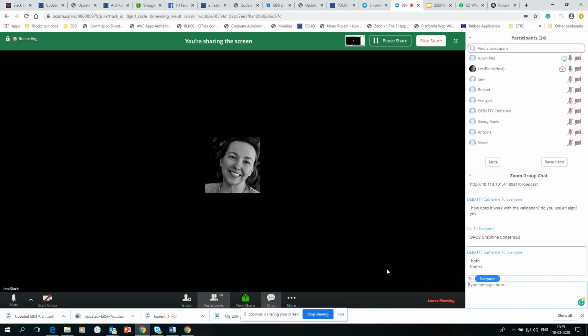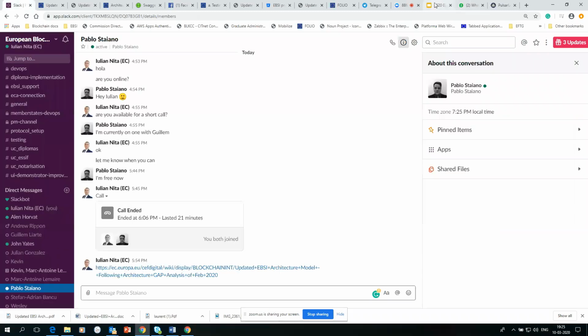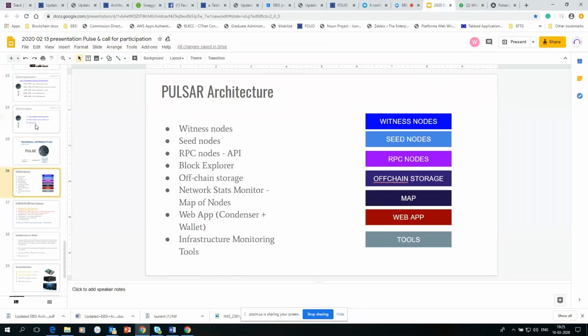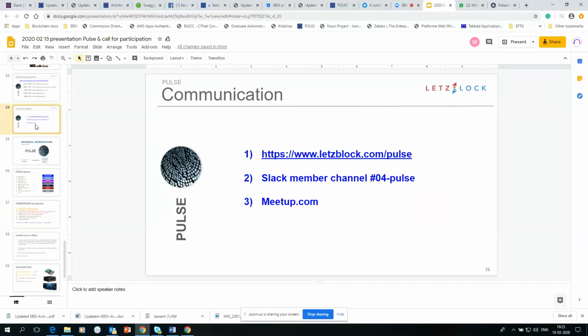We have the Slack channel 04 Pulse, which you are all invited to use as a means of communication between you, to ask questions, to have them answered by people from the participant community that know the answer, or have them forwarded to Sorin, Julian, Alexandru, and Pablo. So feel free to use that Slack channel to collectively learn and evolve.